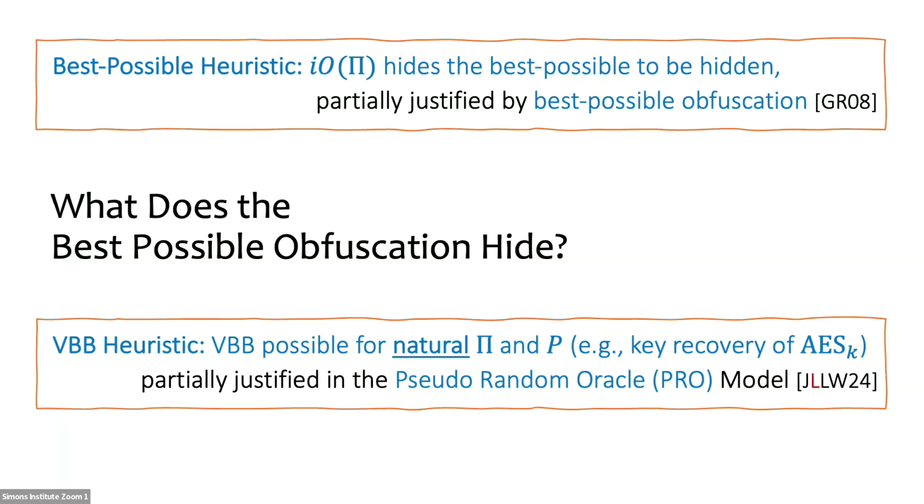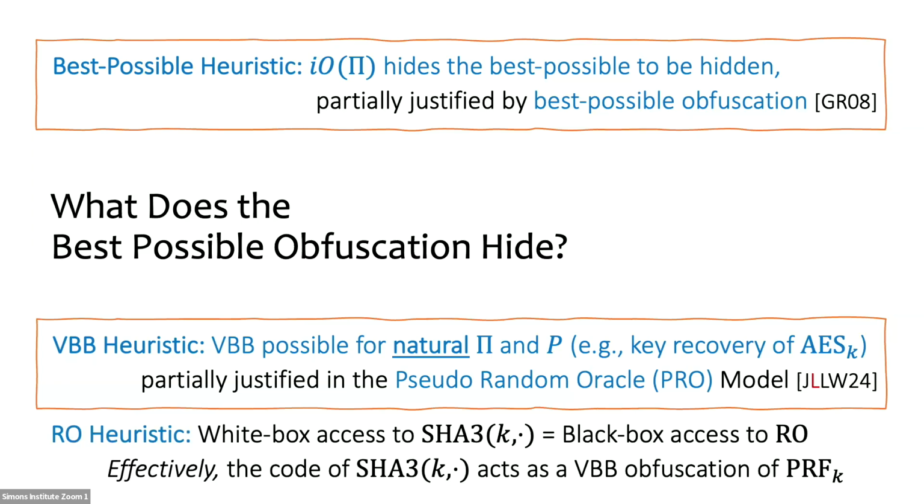On this front, the most optimistic view that we could have is that VBB obfuscation is really possible for natural programs and natural properties, such as the key recovery of an AES key. And in a very recent work, we actually draw a connection between this VBB heuristic and the random oracle heuristic that we all love.